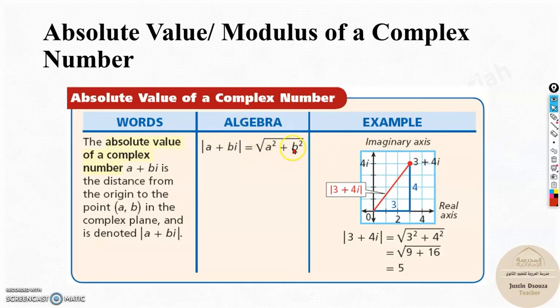It gives us the distance from the origin in the complex plane. Now imagine 3 plus 4i is over here. The distance is the square root of 3 squared plus 4 squared, which is 5. That point is 5 units away from 0. I hope this is clear.